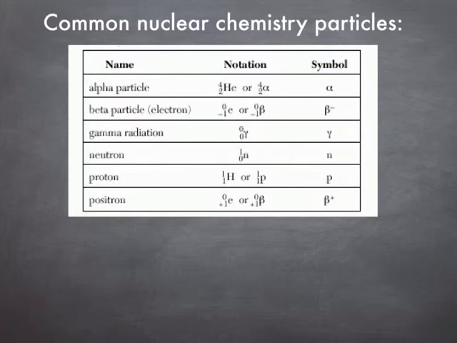Now one thing that I want to note here is that a neutron can actually spontaneously decay or break down into a proton and an electron.